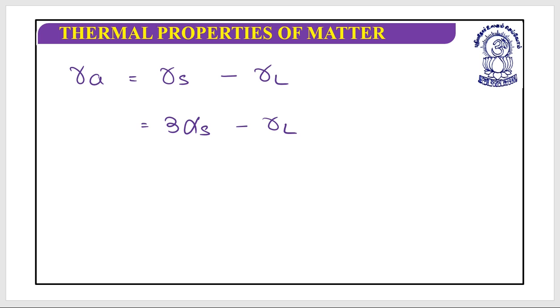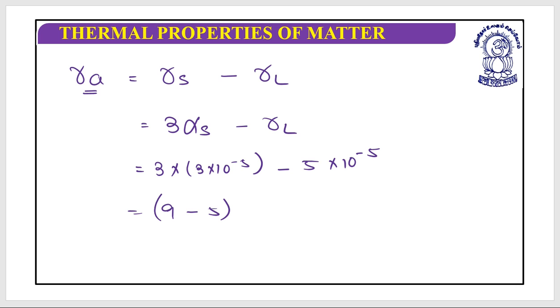This is the apparent expansion gamma a. So this would be equal to 3 into 10 to the power minus 5 minus gamma of the liquid, 5 into 10 to the power minus 5. This is 3 3s are 9 minus 5 into 10 to the power minus 5, which equals 4 into 10 to the power minus 5 Kelvin inverse or degree Celsius inverse. You can write whatever you want.